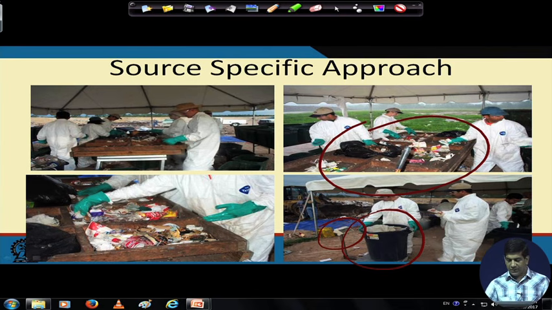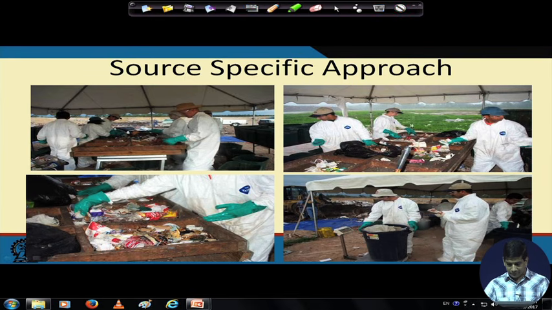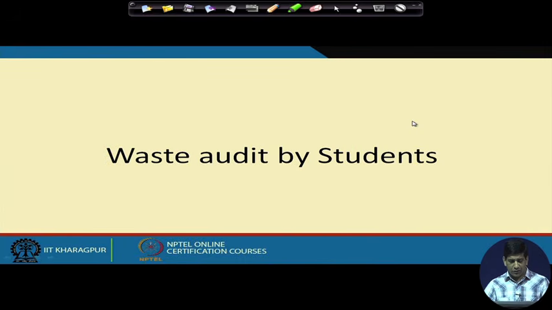That's myself taking the data over there. With some of our colleagues and students, we tried to do a waste composition study. This was kind of interesting. That's another approach that you can use.